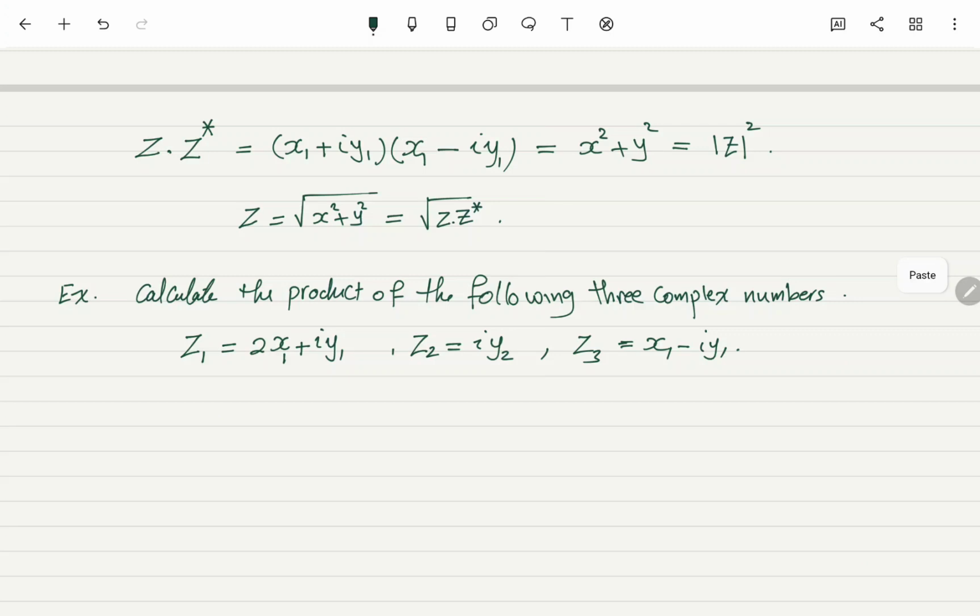The simple way to multiply these three complex numbers is to multiply any two of them, then the result is multiplied by the third one. Assuming that z, and name it zi, is the multiplication of z1 and z3.